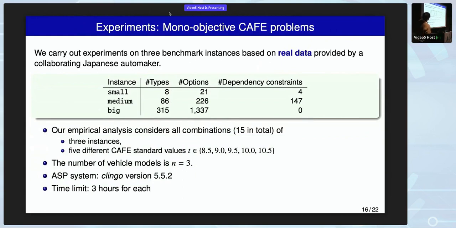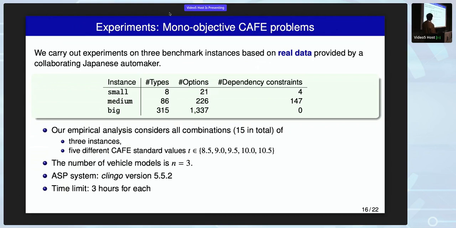For mono-objective CAFE problems, we carry out experiments on 3 benchmark instances based on real data provided by a collaborating Japanese automaker. For example, the medium instance has 186 types, 2026 options, and 147 dependency constraints.